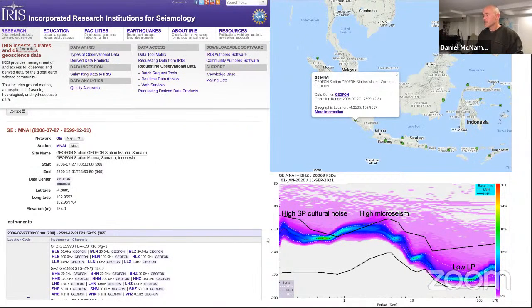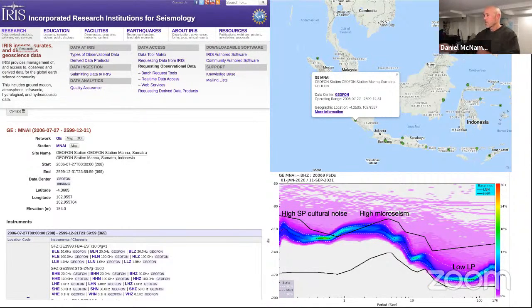So it's looking a little bit better than the previous example. The microseism, again, there's not much you can do there. You're near the ocean. It's going to be high in a place like that, in a station located near the ocean.